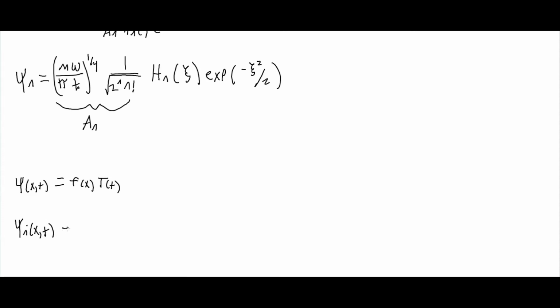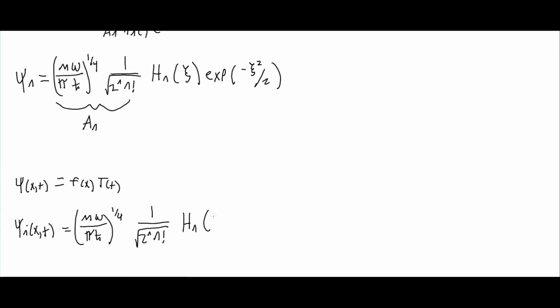So now there's going to be a few more things in here because I've converted it back to x rather than xi. And so what we get is mass times the angular frequency over pi h bar, and that is the fourth root, times 1 over 2 to the n factorial square root times the nth Hermite polynomial.